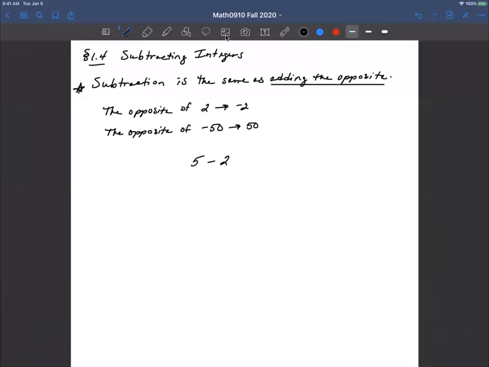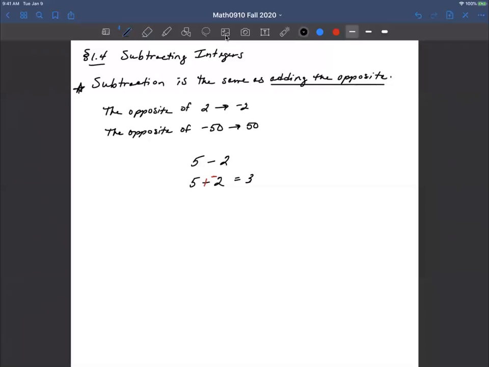So what I'm saying is that this subtraction problem is the same as adding the opposite of +2, which is -2. So now this becomes 5 plus -2. And we learned from the last section, 5 plus -2 is going to be +3.